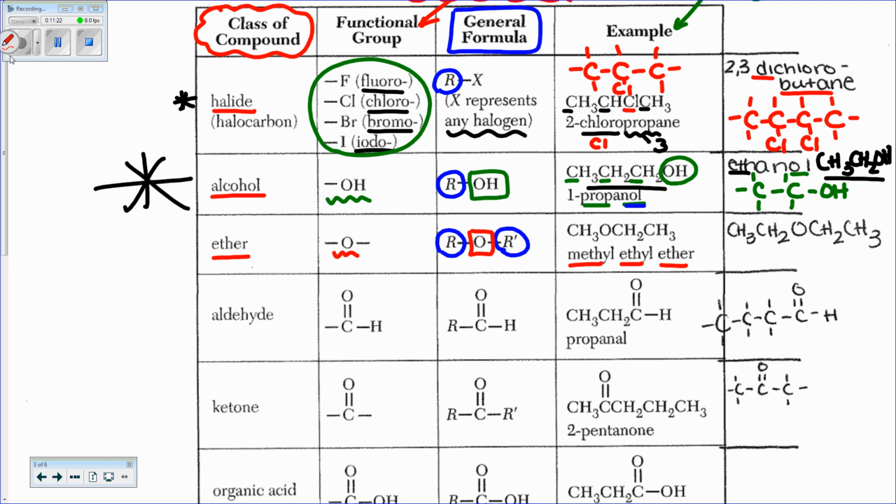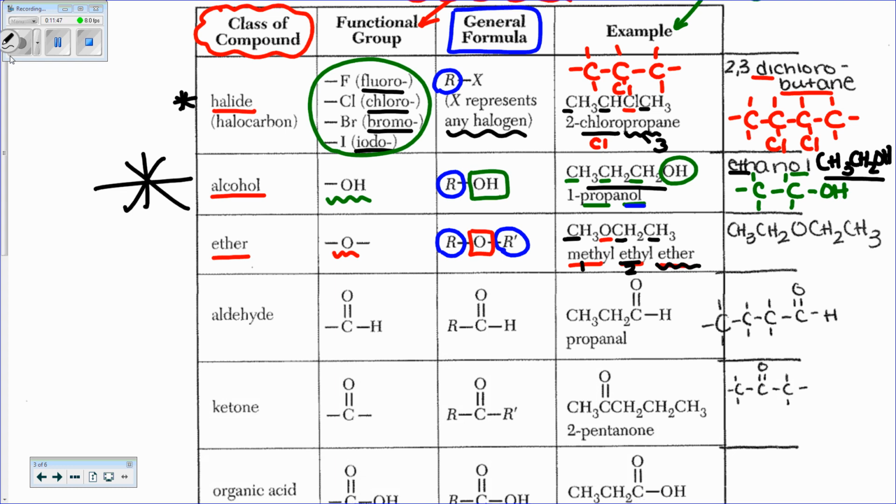Here's my O, so there's that ether. Where are they getting meth from? Well, meth means 1, and I see 1 C on this side. And eth means 2, and I see 2 carbons on this side. So they actually named each side of the chain, and then put the word ether after it. So methyl ethyl ether.